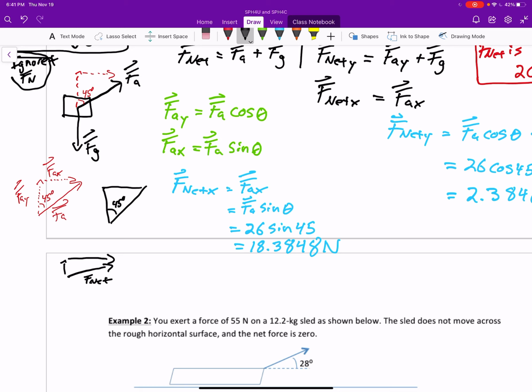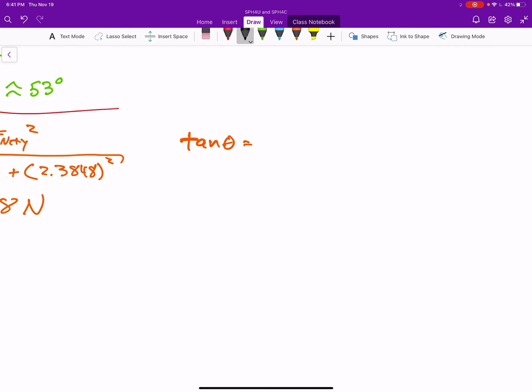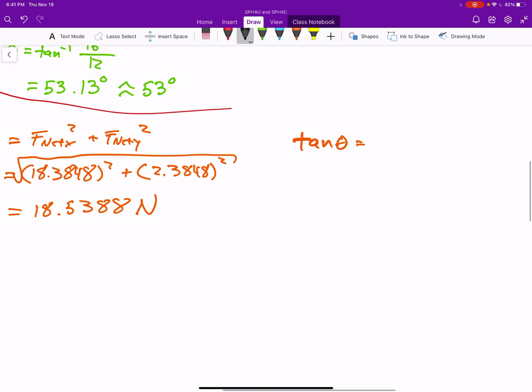And then why don't we look for this angle here? We'll do that theta. So then that means the y is going to be adjacent. So it's opposite over adjacent, so it's our x, 18.3848 divided by 2.3848.